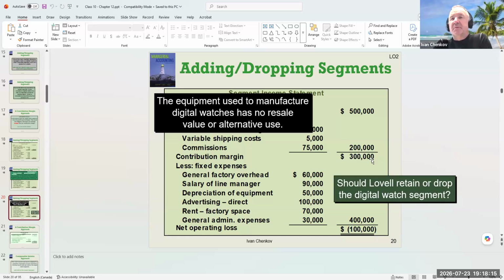But for management purposes, there is no cash in the depreciation. And if we cannot sell it, then it's totally irrelevant. So if we make adjustments, how much of this cost will disappear? $60,000 will disappear, $30,000 disappears. That's 90. Plus the depreciation, 140,000 is going to move away. We're losing 100. If we remove the 140,000, what's going to happen?